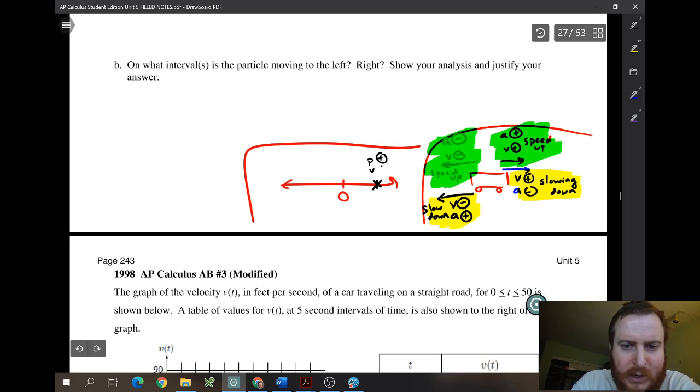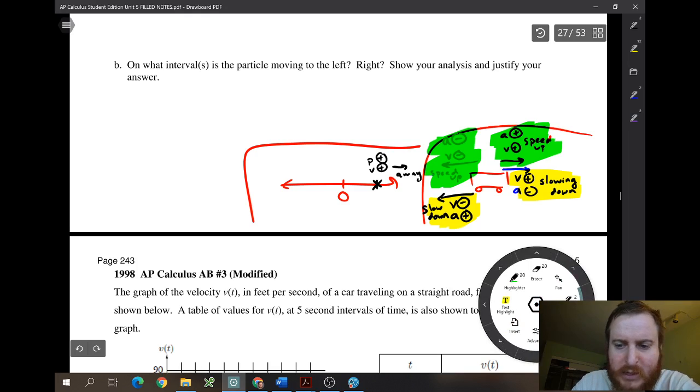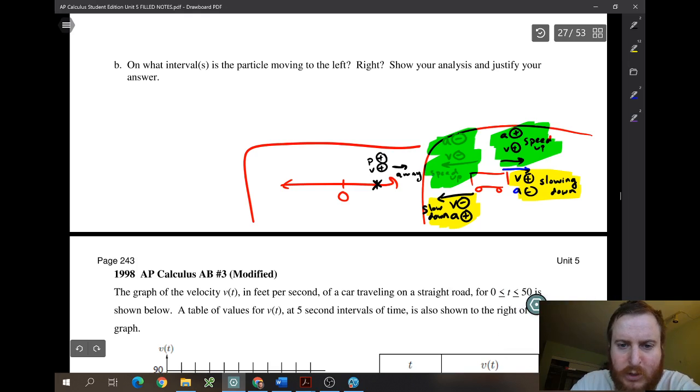If my velocity is positive, that means I'm moving to the right. And so I'd be going away from the origin. Whereas if that same particle was in that same spot, its position is positive because I'm to the right. But if I was going backwards, I would be going towards the origin. I'd be returning to the origin.